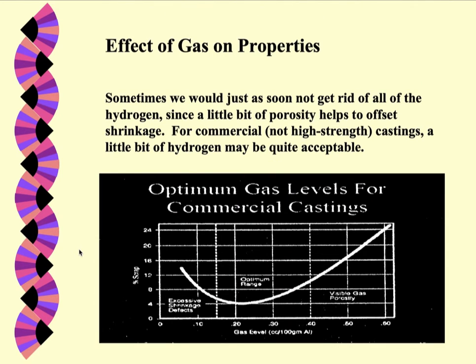So if you're making castings where you're trying to offset shrinkage, in other words, we have a relatively thick section, and your company just needs the outside to look good, they really don't care about some porosity on the inside. They're not going to machine in there or anything.